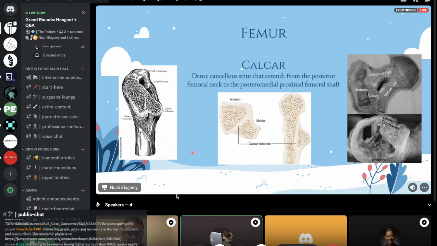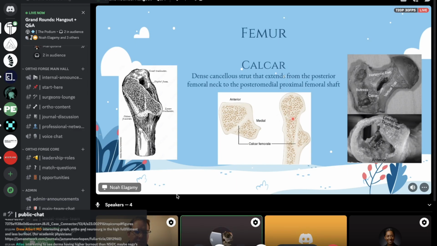Another important concept is the calcar, and this is a dense cancellous strut of bone that extends from the posterior femoral neck, so that'll be up here, to the posteromedial proximal femoral shaft. The calcar plays a critical role in providing structural support and allowing stress distribution from the femoral head to the proximal femur.